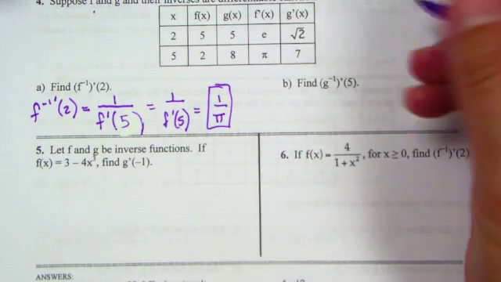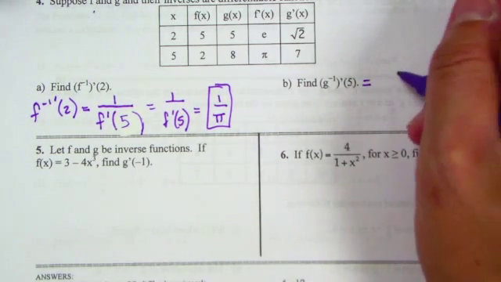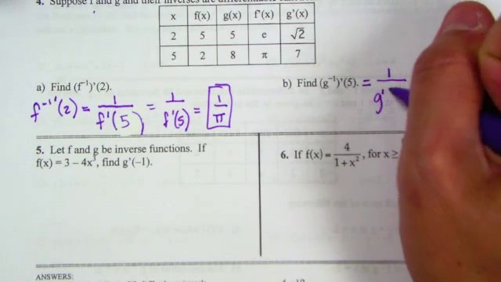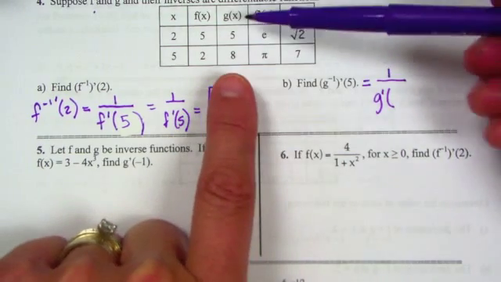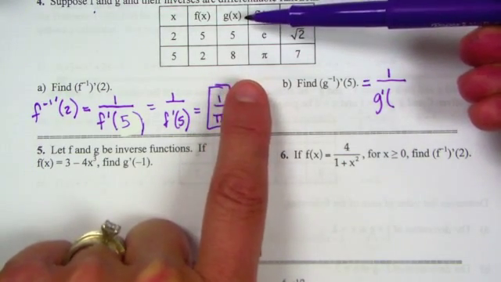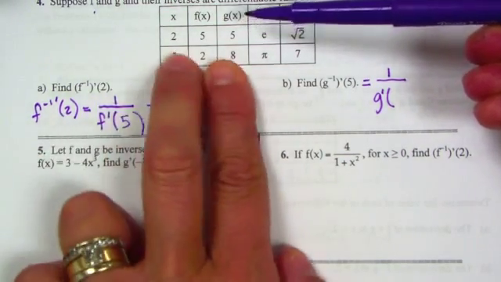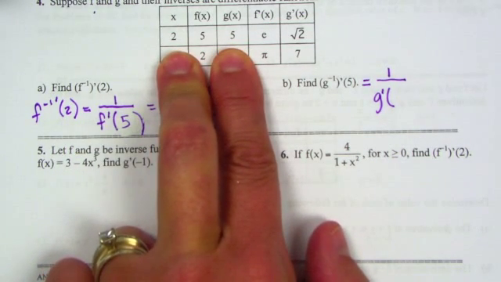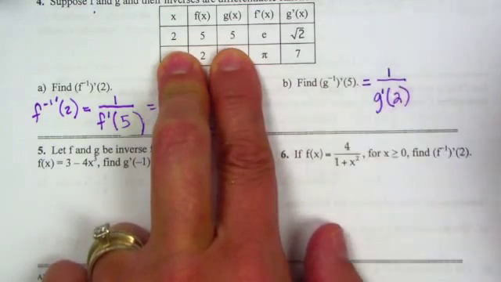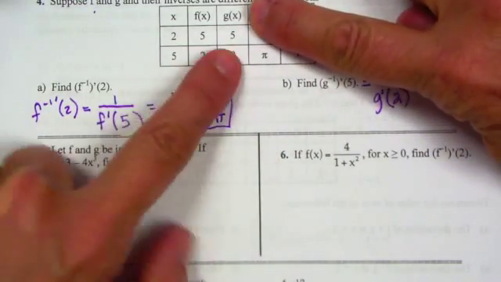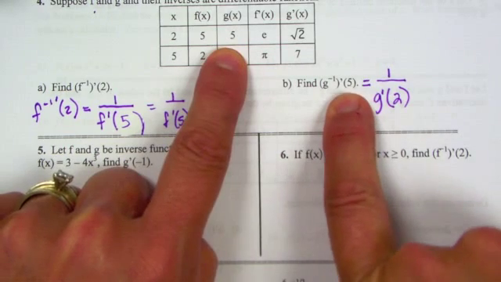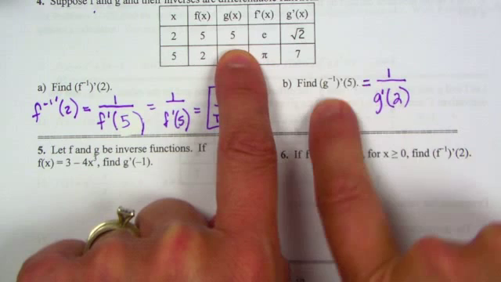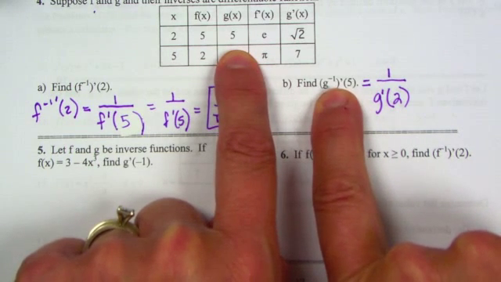So that will be equal to 1 over G prime of 2, because look at G. The negative 1 indicates inverse.